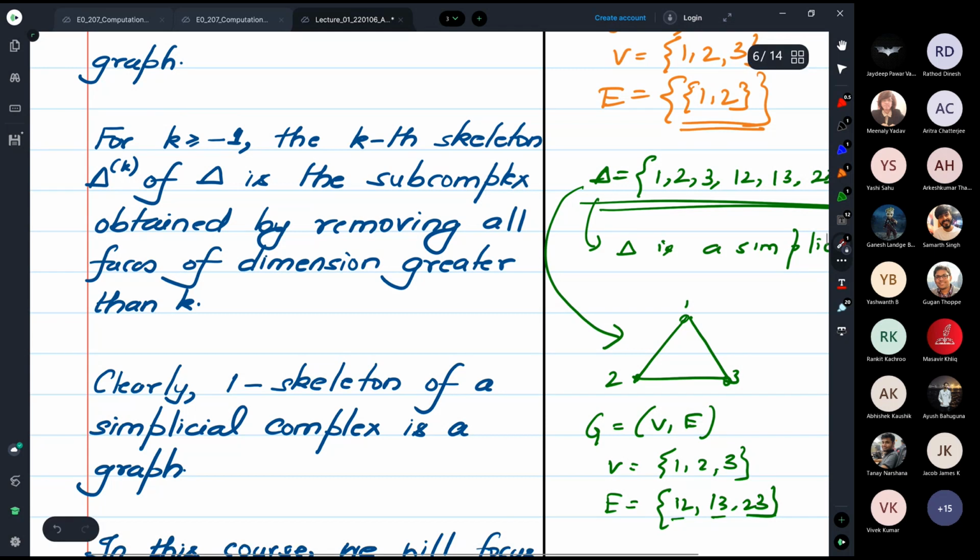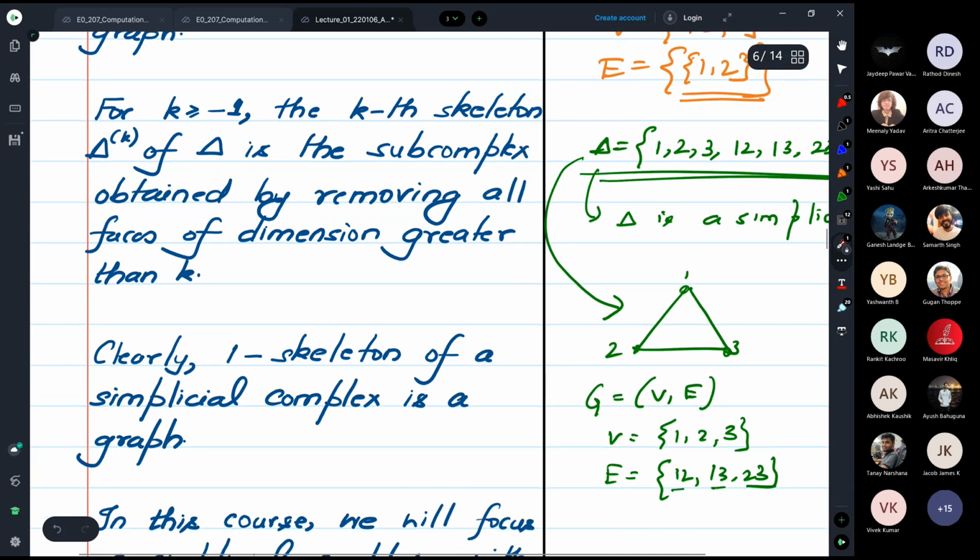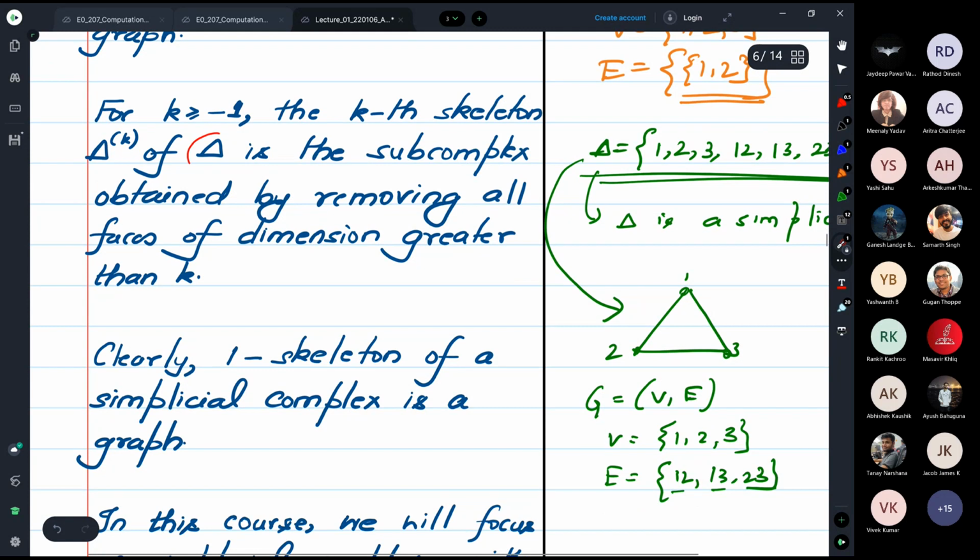The kth skeleton of delta will be denoted delta superscript round brackets k, and this is obtained from delta by removing all the faces of dimension greater than k.